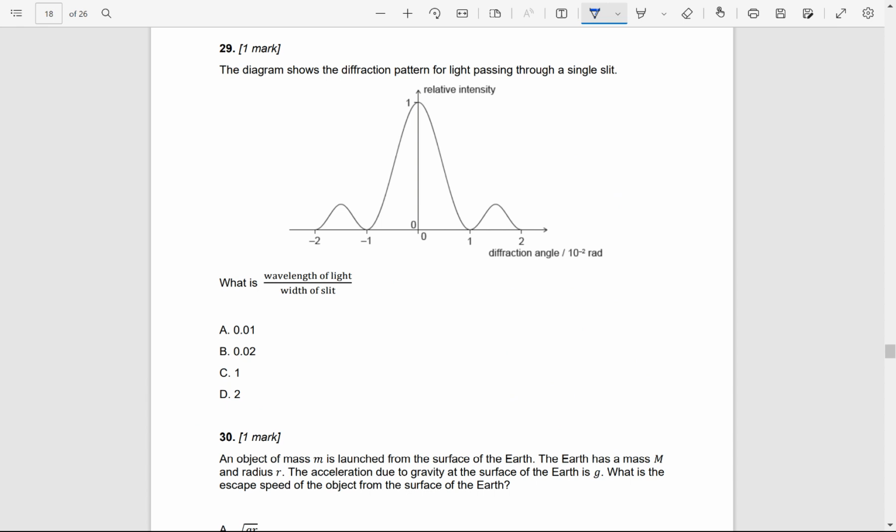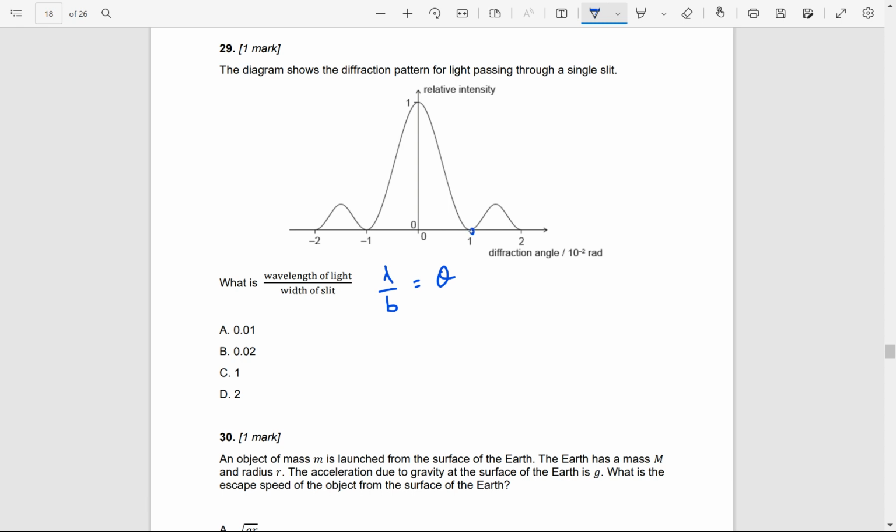Question 29 has a single slit diffraction pattern, and it's asking for the ratio of wavelength of light to width of slit. The way to answer this is to know what that is as a formula. The wavelength of light divided by the width of the slit equals theta in radians.